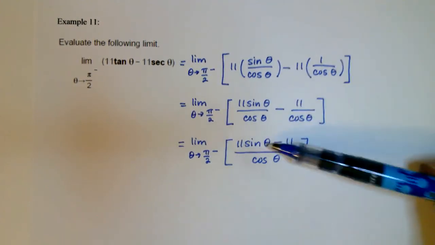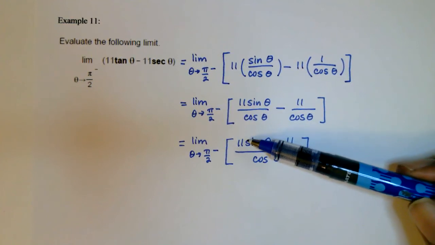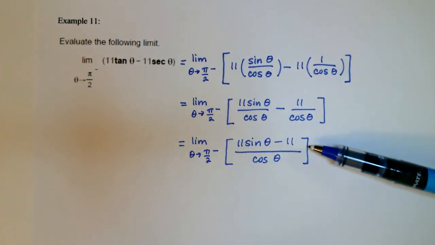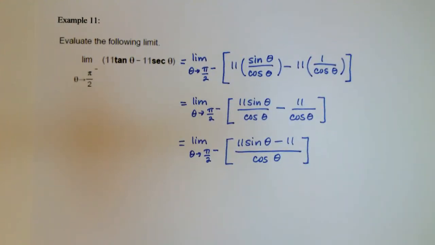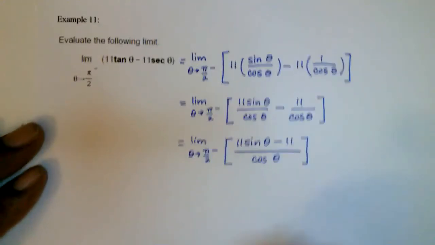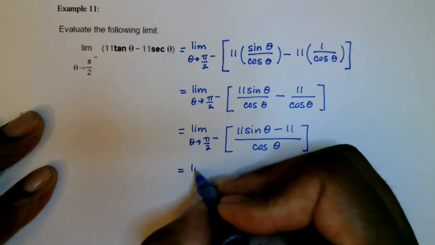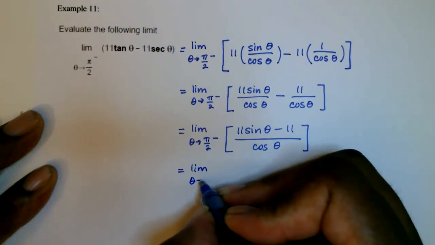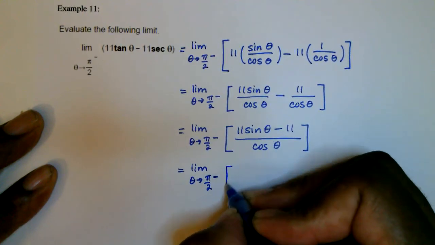Now I know sine of pi over 2 will be 1 times 11, which is 11. 11 minus itself will be 0. Cosine of pi over 2 is 0. So I do have a situation of 0 over 0. So I can apply L'Hopital's rule by taking the derivative of the numerator and the derivative of the denominator. All right, so limit as theta approaches pi over 2 from the left.